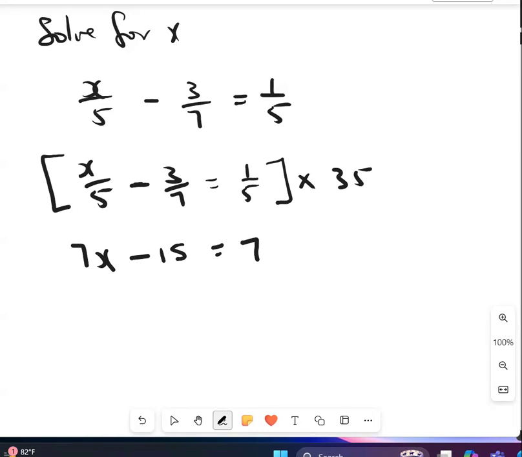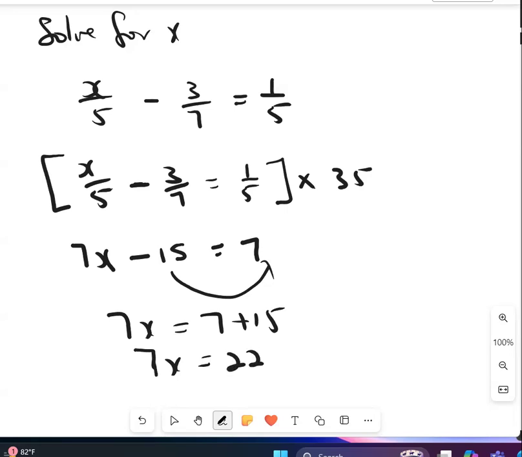Bring this over here, you end up with 7x is equal to 7 plus 15. So 7x equals 22. X then is equal to 22 over 7, which is 3 and 1 over 7. That's one way.